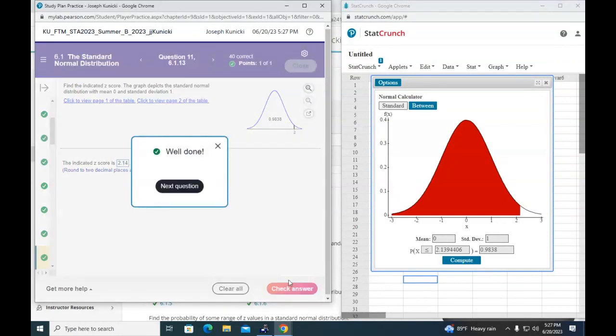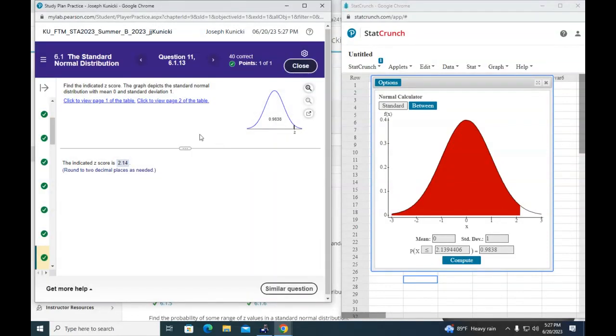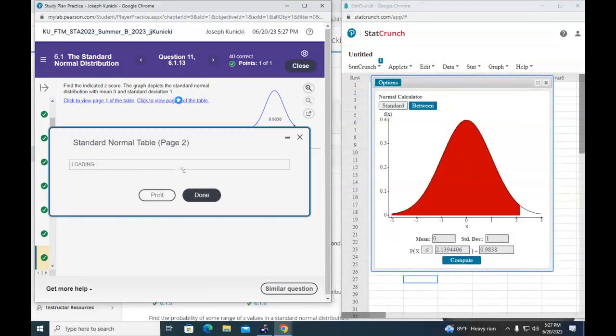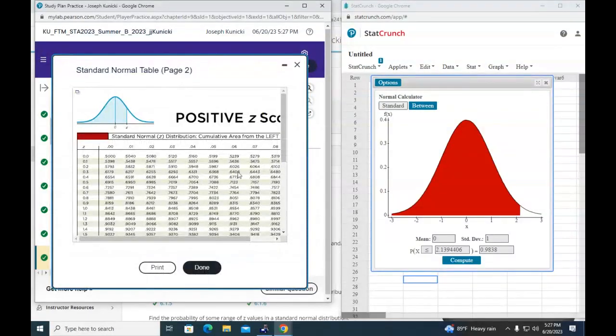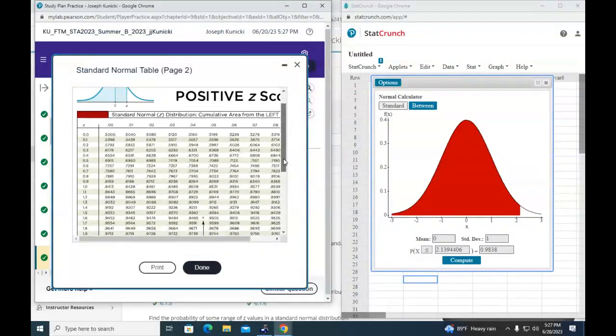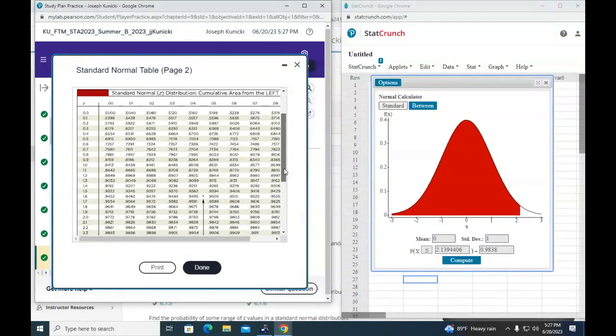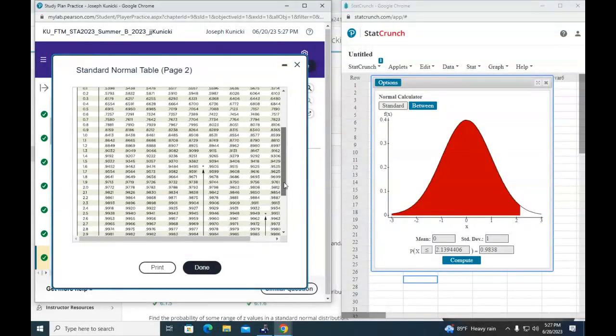We used to have to do this by table. That's what this is up here. Since I know I'm to the right of 0, then it's going to be positive. So it's page 2. I'll show you what it looks like. It's ugly. This is what we used to have to do. So I have to find 9838 on here.